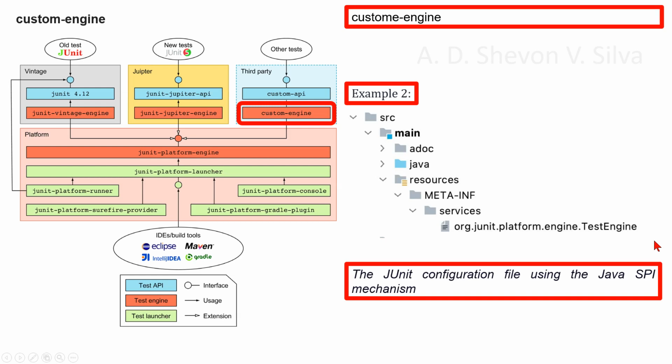First, you need the test engine code on the class path, typically in a Maven or Gradle dependency. Second, the new engine must be registered with the JUnit platform. This is done via Java's well-known SPI. To this end, a special file must be present in the class path, as you can see in this figure.